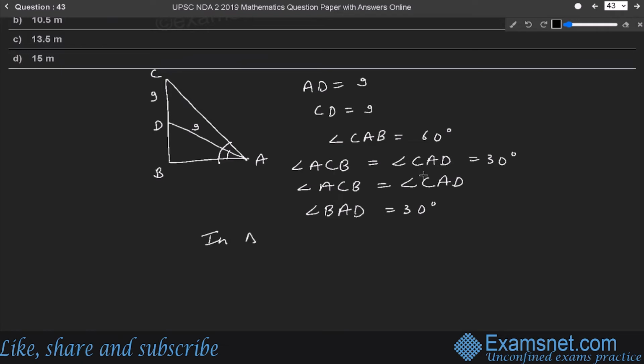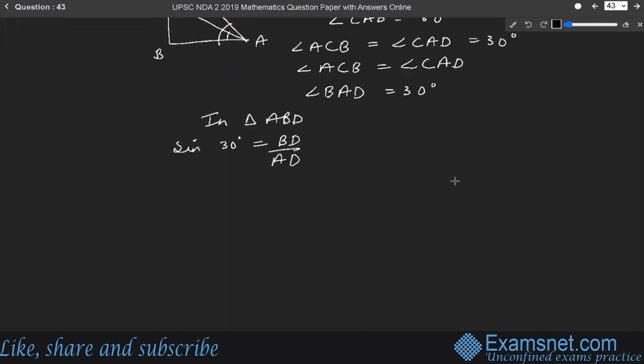In triangle ABD, sine 30 degree is equal to BD upon AD. So sine 30 is 1/2. 1/2 is equal to BD upon AD, which is 9. So BD will be equal to 9/2, which is equal to 4.5.